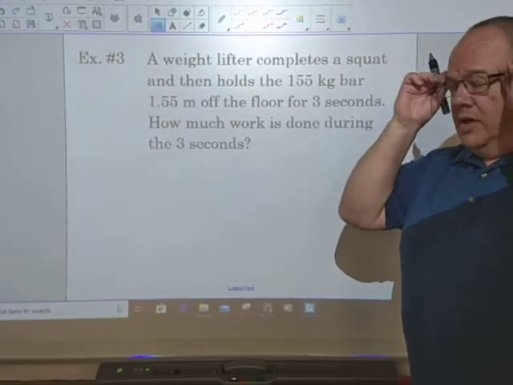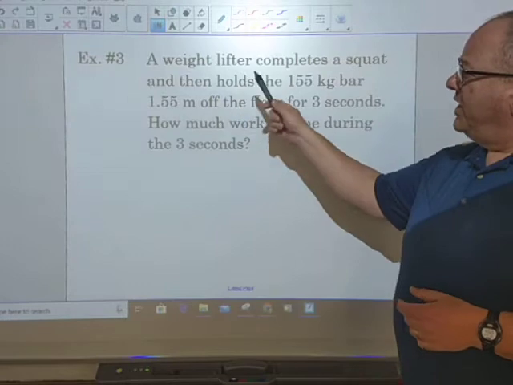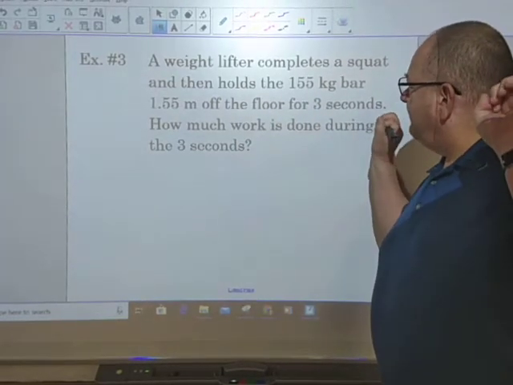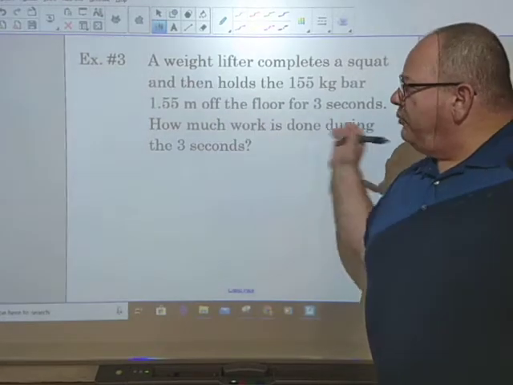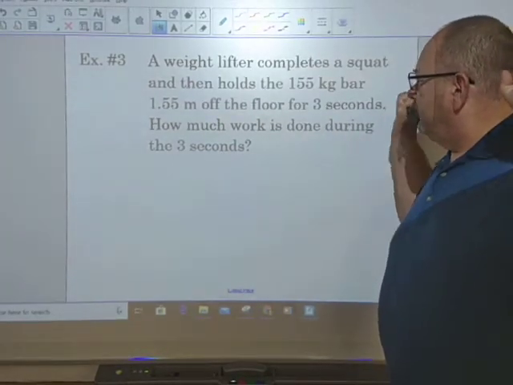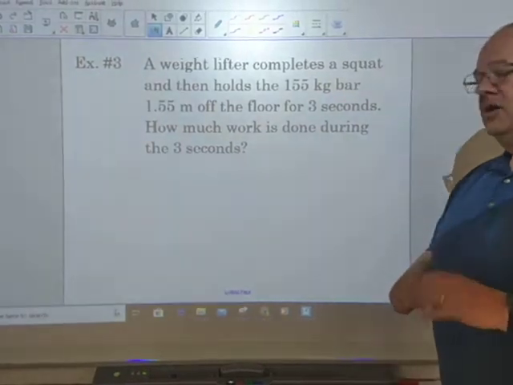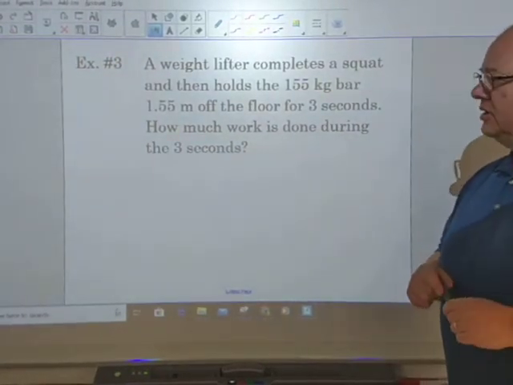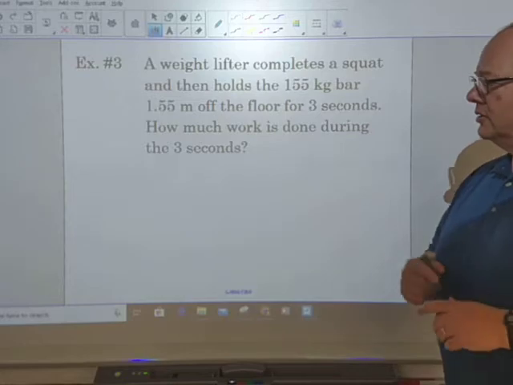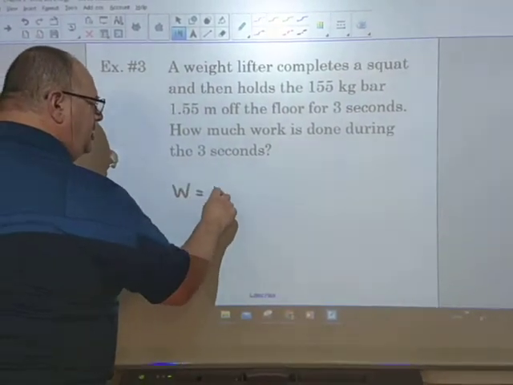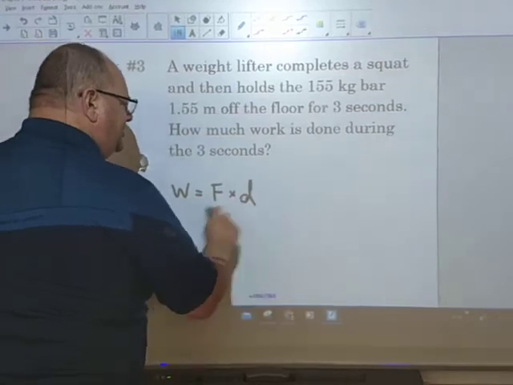All right, number 3. A weightlifter completes a squat and then holds the 155 kilogram bar 1.55 meters off the floor for 3 seconds. How much work is done during the 3 seconds? Work equals force times distance.